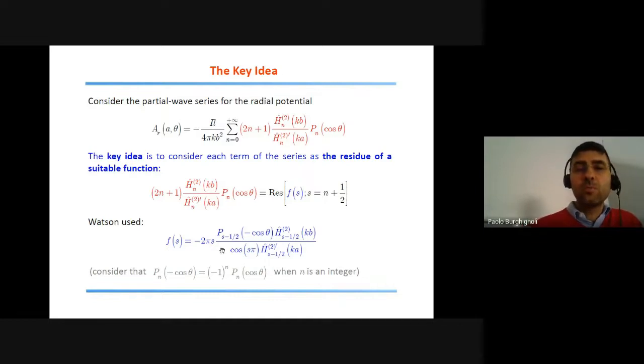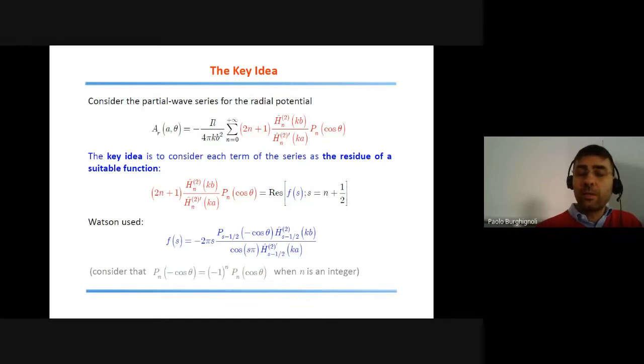But he used this particular expression in which, as you can see, whenever you had the index n in the original expression, you have a function of s in this function f. In particular, this complex variable s occurs in the indices of the Legendre polynomial, as well as of the modified Hankel functions in the numerator and in the denominator.